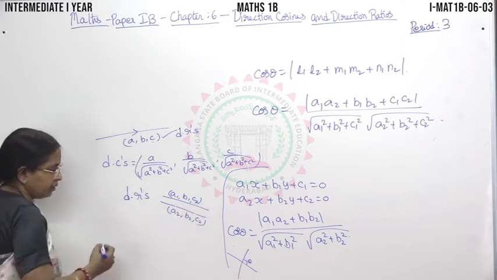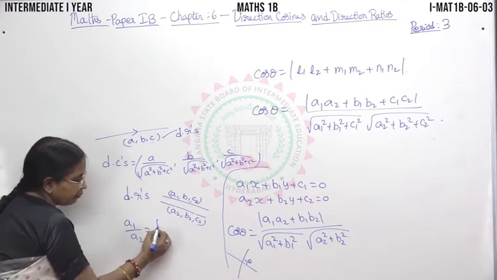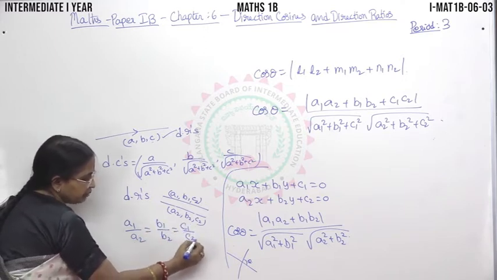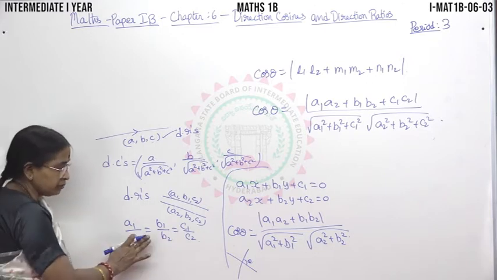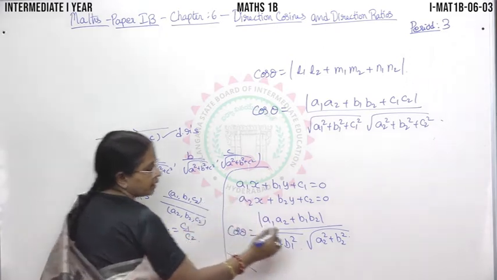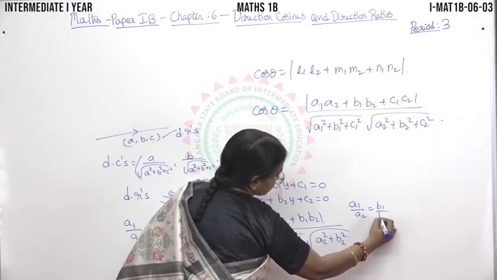And they are parallel. If at all they are parallel, then they satisfy the condition A1 by A2 is equal to B1 by B2 is equal to C1 by C2. You have a similar property in two dimensions also. If these two lines are parallel, then you have A1 by A2 is equal to B1 by B2. That's all.